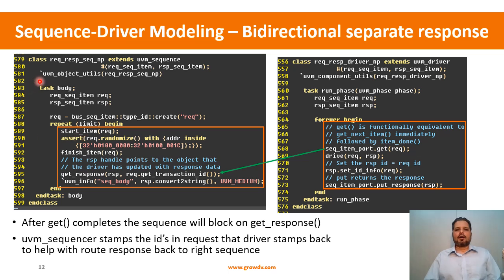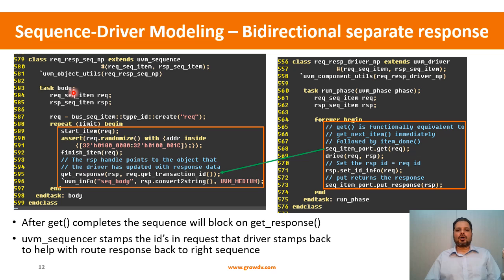Okay, let's take a look at one of the ways to model the bidirectional separate response. So we have this class request response sequence op, which extends UVM sequence, parameterized with the request sequence item and the response sequence item. We have a request response driver that extends UVM driver, parameterized with the same request sequence item and response sequence item. This is very important for compatibility.